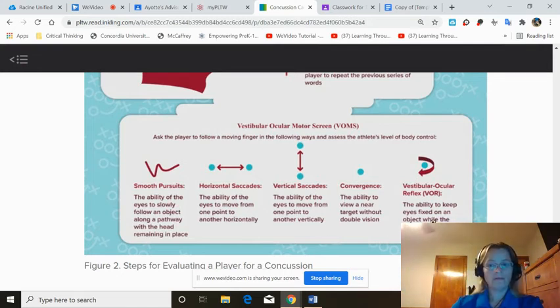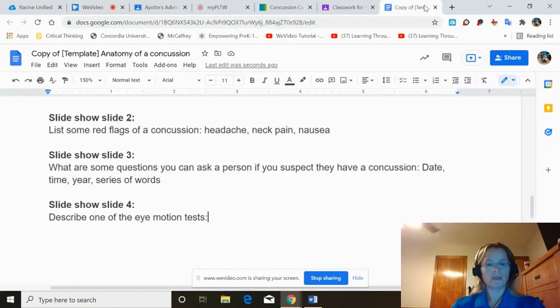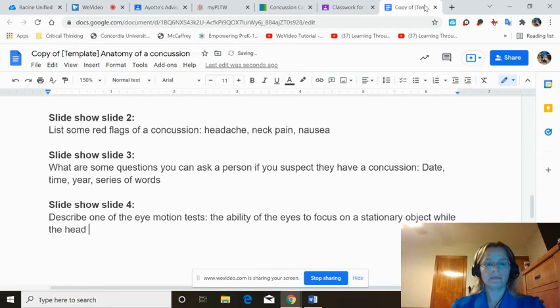Or here, eyes fixed on an object while the head is moving. Okay, so we're going to describe one of those. So the ability of the eyes to focus on a stationary object while the head moves.